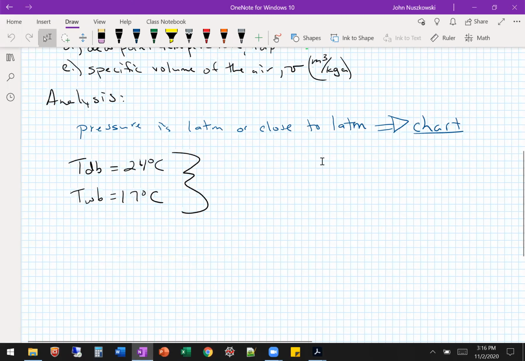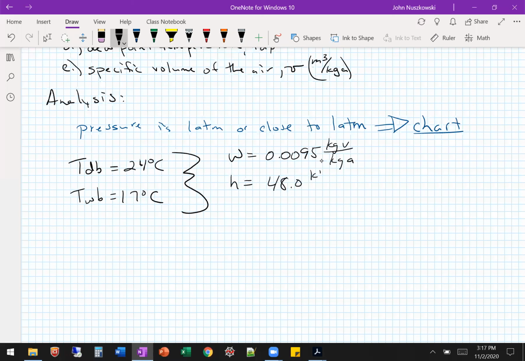All right, so let's rewrite. From just knowing dry bulb and wet bulb, we were able to get our specific humidity, our enthalpy, which is the enthalpy of the moist air, even though it's per kilogram of dry air.